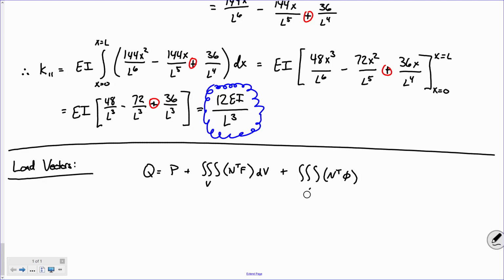Maybe I should note, that's the surface integral. Sorry. dS.